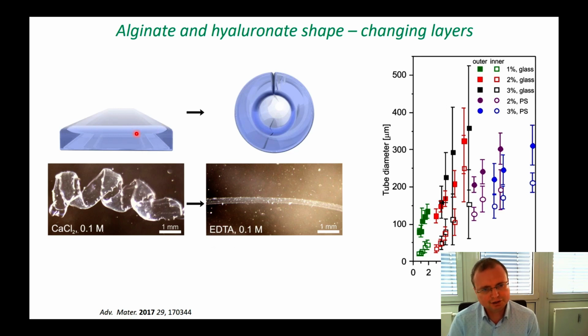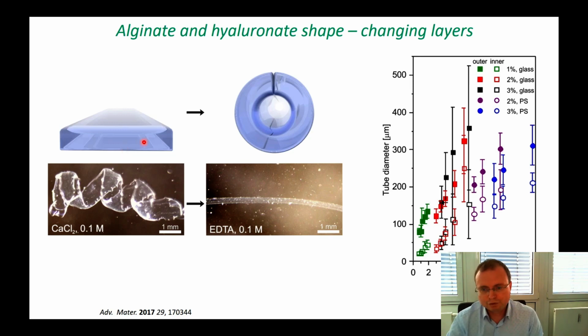Very interesting, in this case, we didn't fabricate a bilayer, but the structure was still able to form the tube. Why does it happen? We believe it's due to the formation of a vertical gradient of the cross-linking density. So practically the top and the bottom layers of this printed structure have different cross-linking density. As a result, we have different swelling properties, and this difference causes the shape transformation.